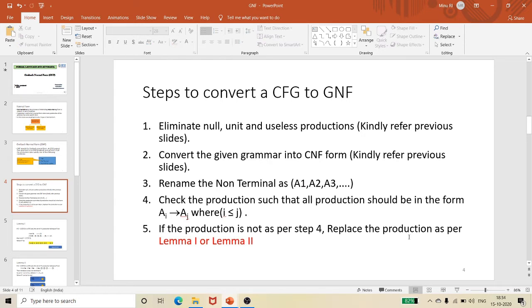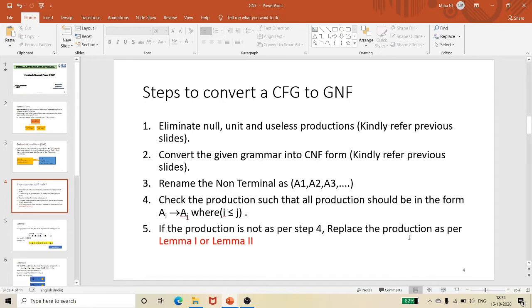The steps to convert to GNF, unlike CNF, are not so simple that we can convert through substitution alone. In converting a grammar into GNF, these steps are required. If you simply substitute as we do in CNF, it won't give you a correct GNF.